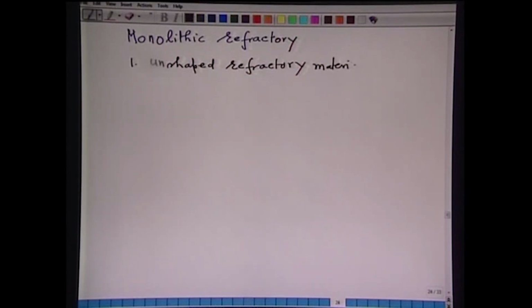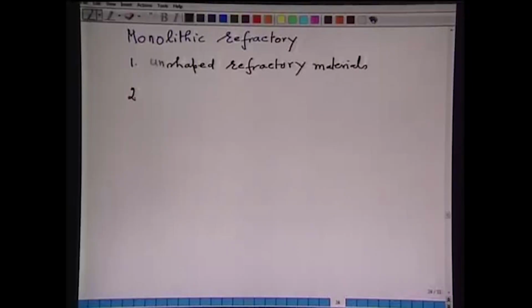They are not like bricks as we have seen earlier, but they are unshaped refractory materials. These materials are installed in some form of suspension that ultimately hardens to form a solid mass.